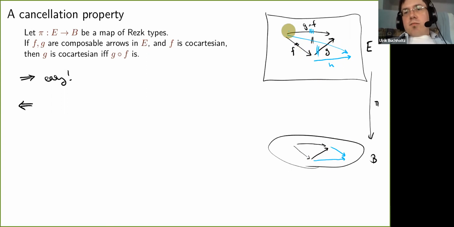And then the composite is co-Cartesian. So I do get, also over this, I can compose these 2-simplices. So I get a lift here. And then we can prove that this is the unique thing that makes everything work. So that's sort of why you have this right cancellation property as well, but you don't have the left cancellation property.